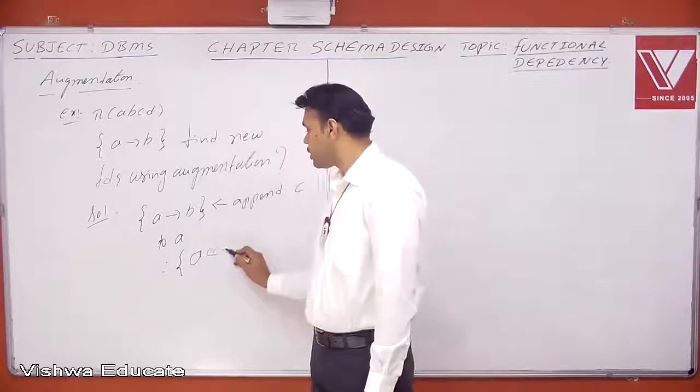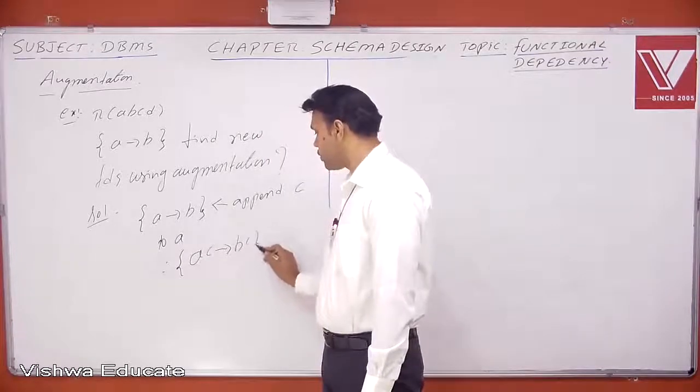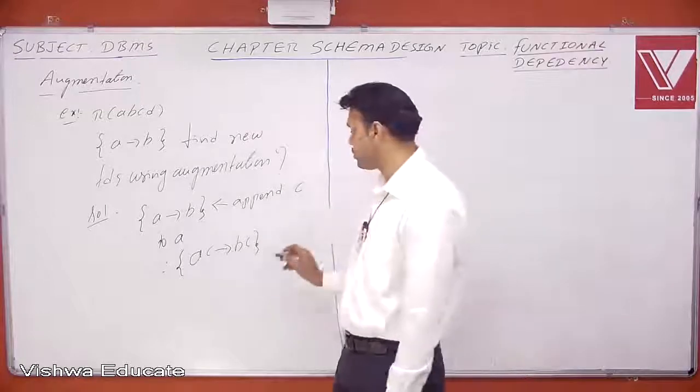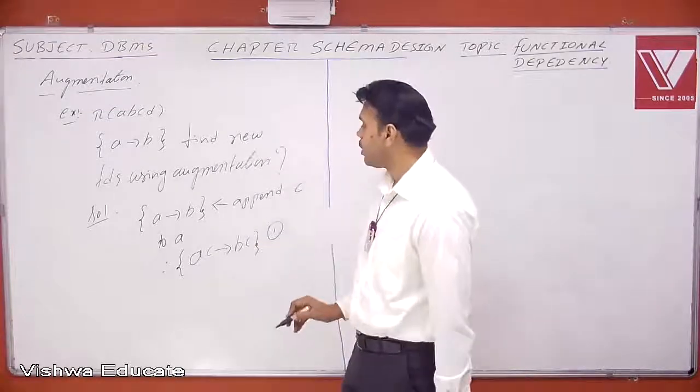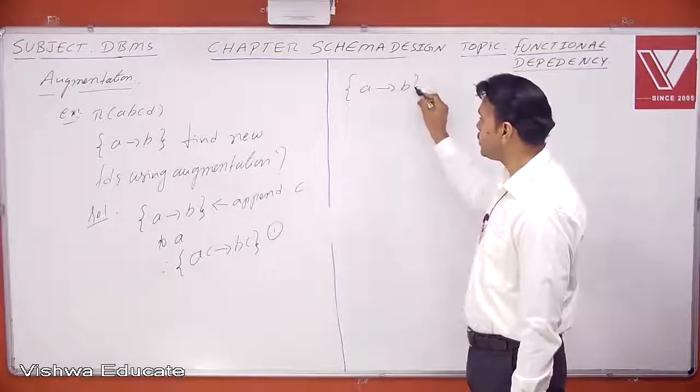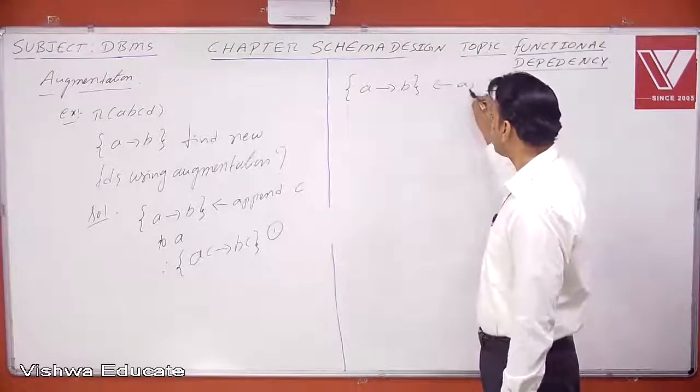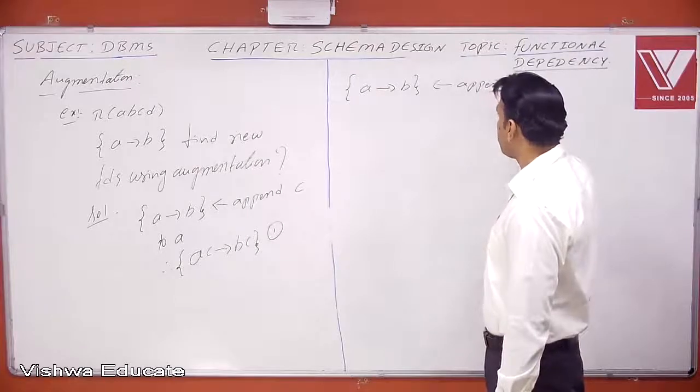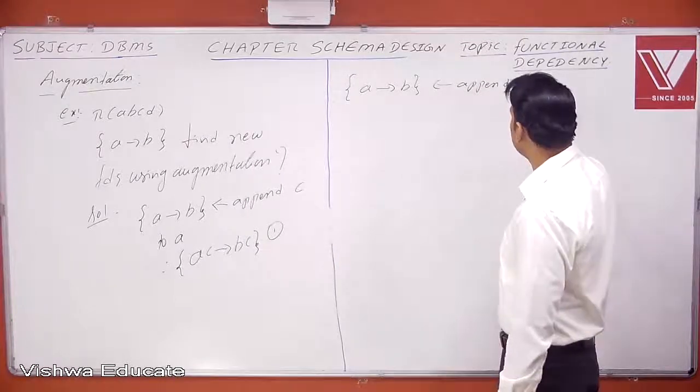Tell me. AC tends to BC. This is one production. And let us take once again A tends to B. This time append D to A.